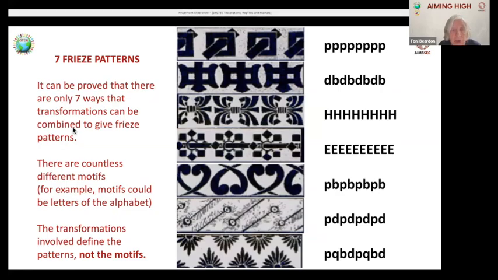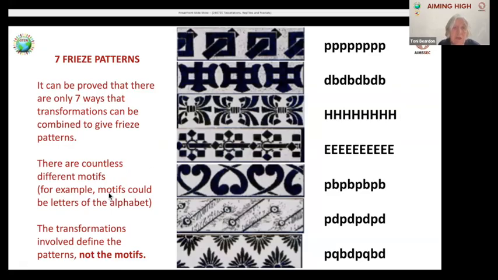So how do we define them? We define them by the transformations that are combined to give the frieze pattern. There are countless different motifs. You see some examples here, things that look like commas or feathers or bows or flowers. And the same frieze can also be done with letters of the alphabet, as you see on the right there.